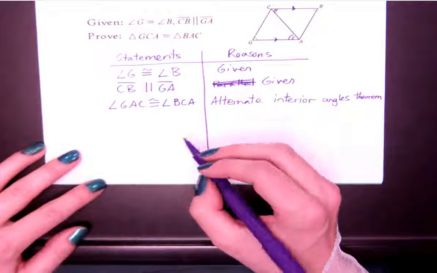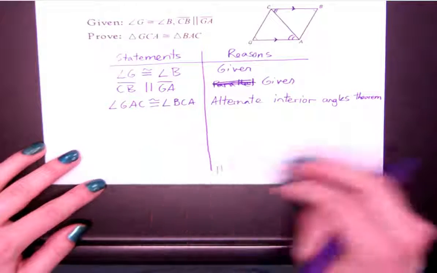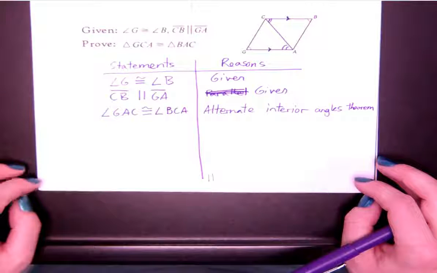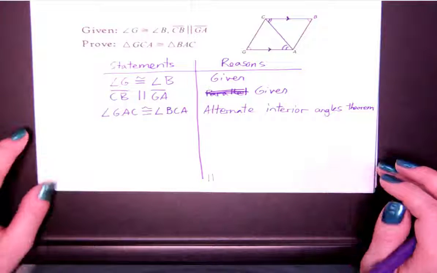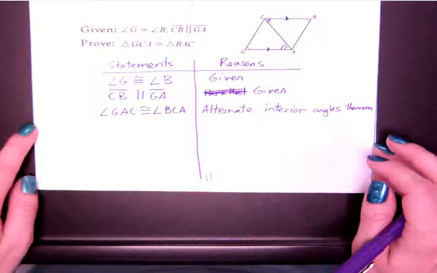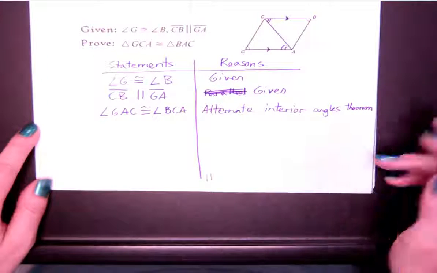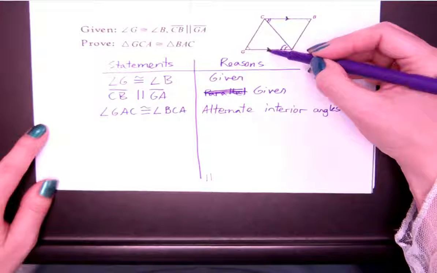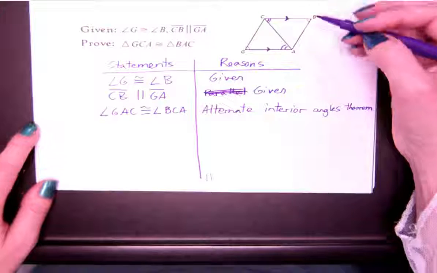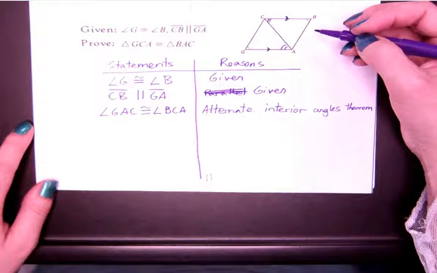And then, next, do I have another side or angle I can mark in the drawing? Yes, which one? So GA and CB, those are my parallel lines. I can't prove that they are congruent, but there is another side I can prove congruent.